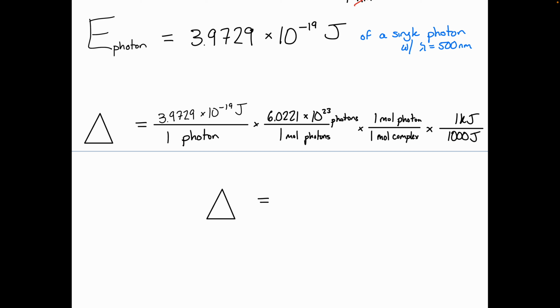All right, and so the crystal field splitting energy would be 239 kilojoules per mole. All right, so again, that spectrophotometry gives us a way to measure that crystal field splitting energy.